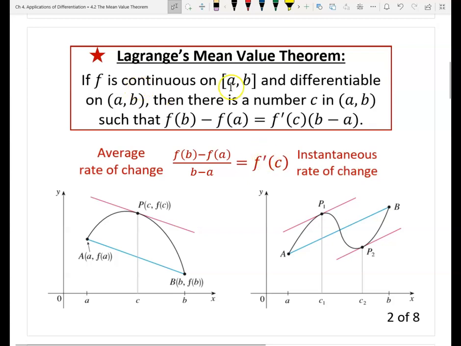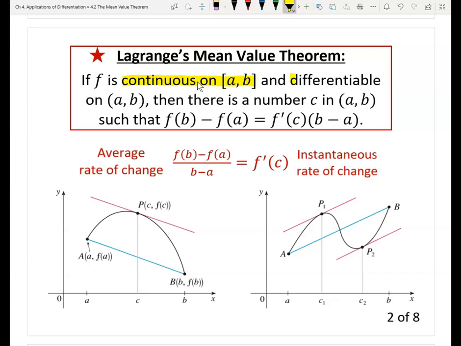The mean value theorem states if a function f satisfies these 2 conditions. Let me highlight these 2 conditions, and you can also compare them to Rolle's theorem. The first condition is continuous on the closed interval [a, b], which is the same as Rolle's theorem.